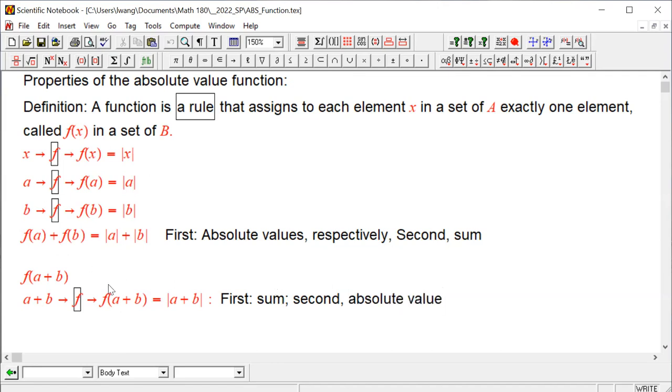Now the question is, are these two the same?